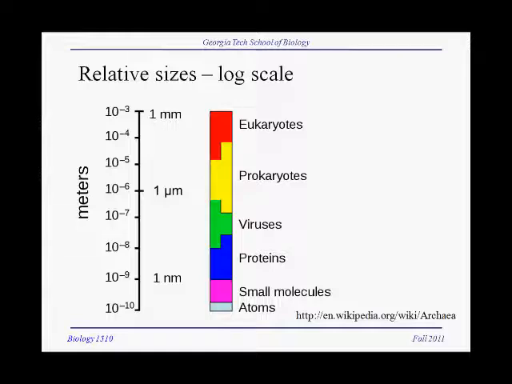There is some overlap, where the smallest eukaryotic cells are bigger than the largest prokaryotic cells, but in general, eukaryotic cells are much larger than prokaryotic cells, and eukaryotic cells can get very large indeed. At 1 millimeter, you can definitely see them with the naked eye. And of course, if you consider eggs, those are indeed just enormous eukaryotic cells.